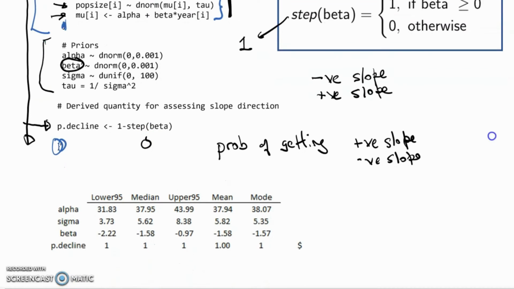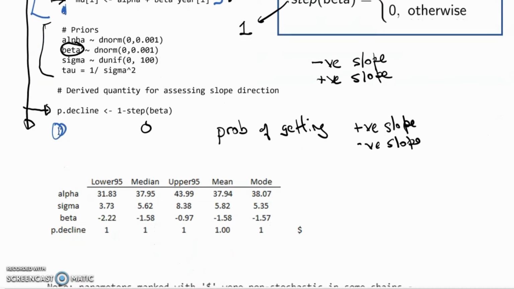So with all of that, we can look at our results. What we're probably going to be most concerned with is beta. And you can see beta is the slope. And if you look at the median, the mean, and the mode, they're pretty consistent. And you see there's the 95% credible interval from there to there.